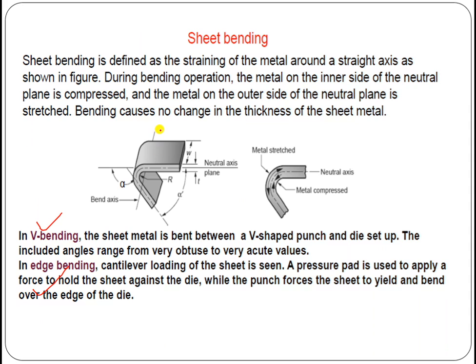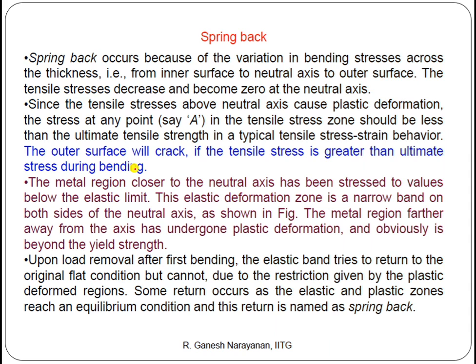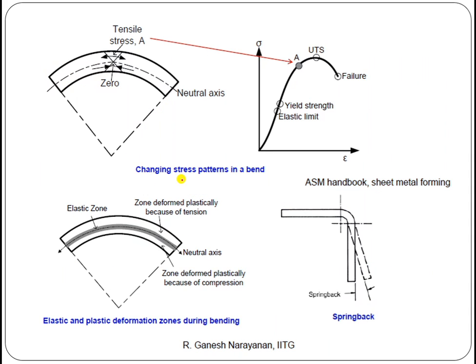In V bending, whenever the bending takes place, the fibers on one side will be in compression, and the other side will be in tension. For that reason there may be another effect known as the spring back effect.